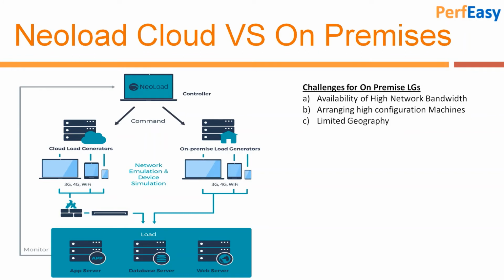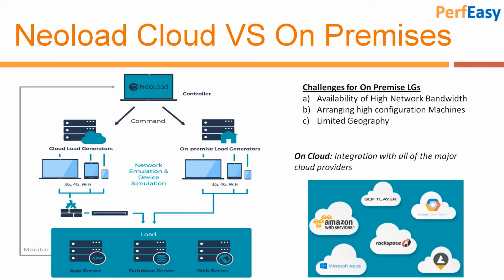So depending on where our application is being hosted and where our users are going to access the server, we can generate the load from those locations itself. But in case of on-premise, it becomes almost impossible to get machines in different geographies. So that is where we would prefer to generate the load from cloud load generators rather than on-premise load generators.